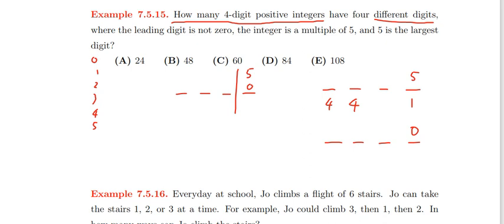Then this one should be 3. So in this case we have 4 times 4 times 3 ways, so n1 equals 48.